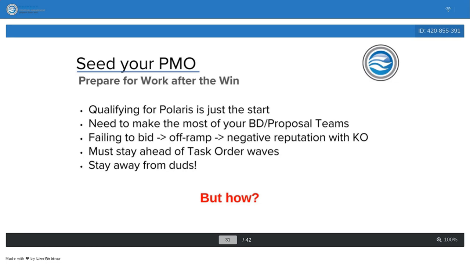It's really hard to come back from behind and make up ground. And it's certainly going to make it a lot harder for your capture team to knock on the door of the KO's office so you can sell your products or competitively bid.